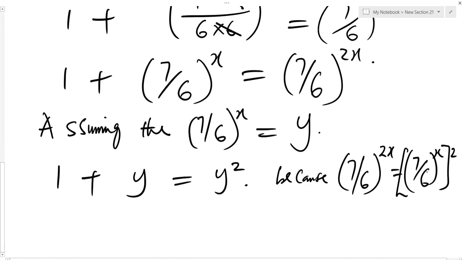So meaning this inside here is your y raised to the power 2.